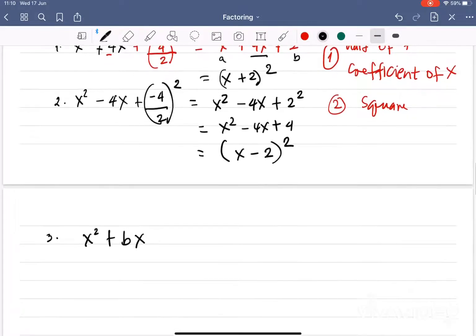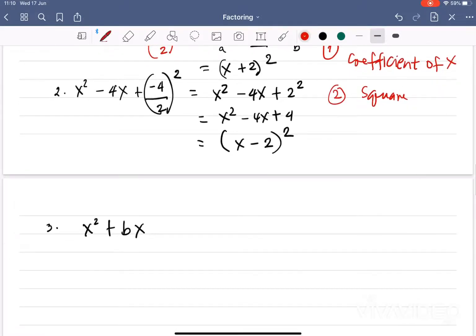Number 3. So we are going to get the third term here. So half the coefficient of x. The coefficient of x is b. So we have b, half of that, and then we square it. So obviously in this case, we have now x squared plus bx plus b over 2 quantity squared.